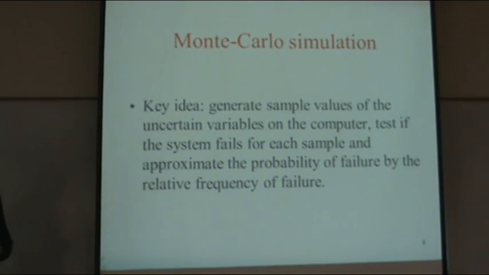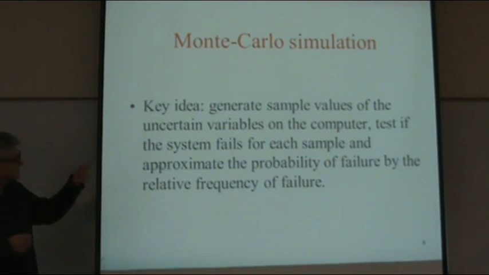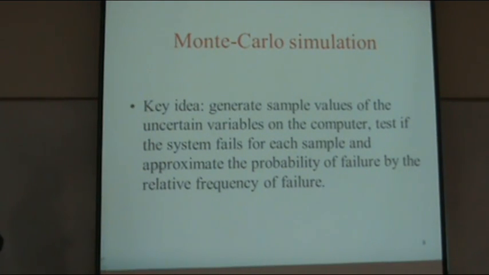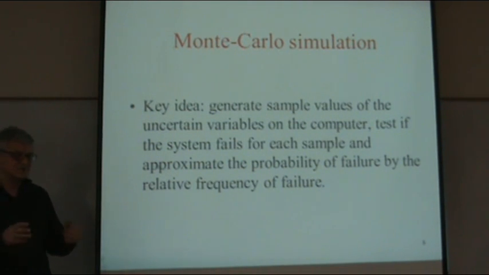One approach that we use is Monte Carlo simulation. And there are two versions that we learned. One is standard Monte Carlo, where you draw values from the true probability distributions. And the other is importance sampling, where we draw values from other distributions that cause more failures.